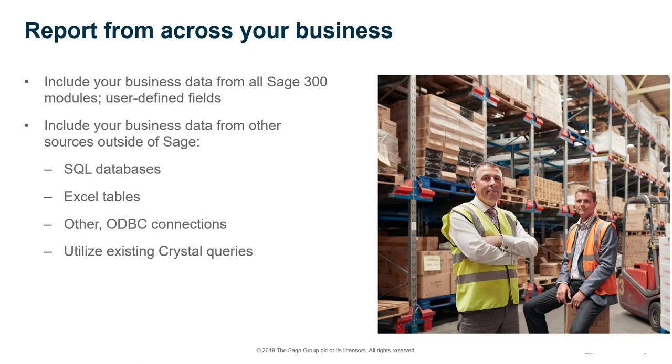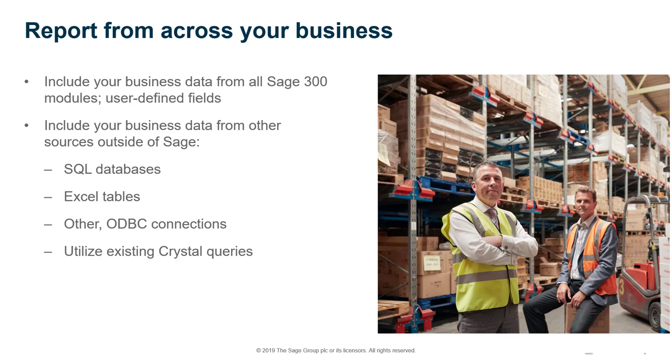Now, report from across your business. This is a little bit more advanced, but it is so helpful in terms of being able to see across your business and make decisions across your business. This is where you can include business data from throughout your Sage 300, all the modules.